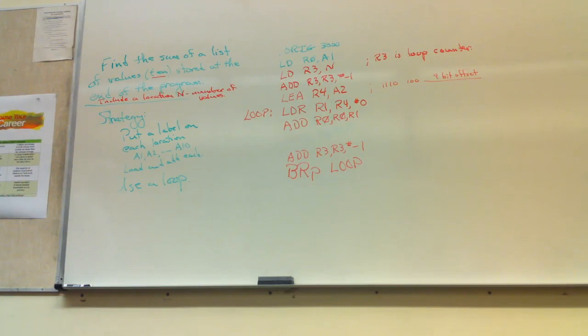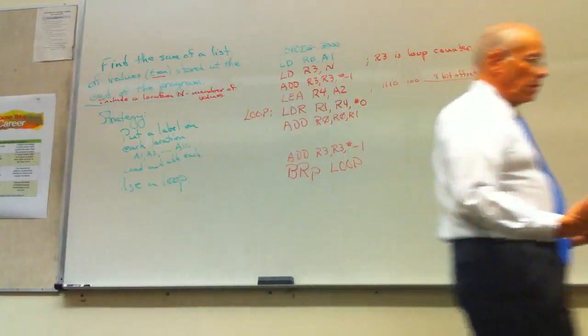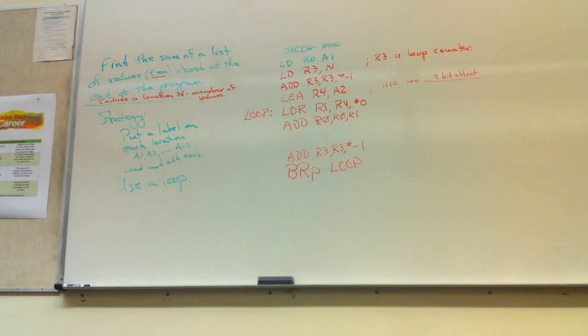Mm-hmm. So the NZP is that little, yeah, and if you want to branch negative, you say BRN. If you want to do branch greater than or equal to 0, you would say ZP. Can you do PZ? It wouldn't matter if you did PZ. I don't know. Try it and see.